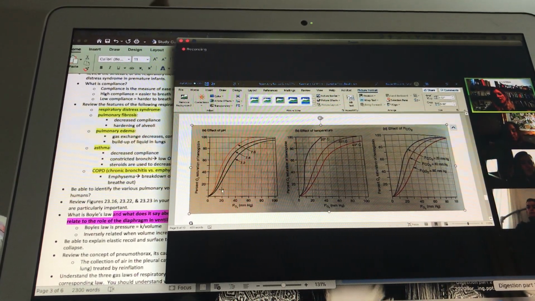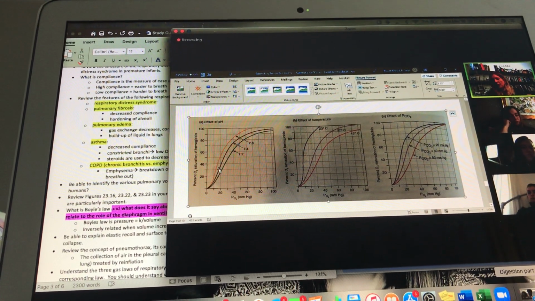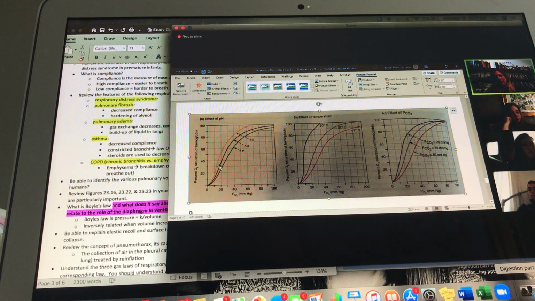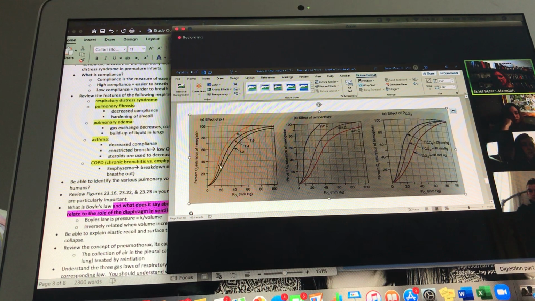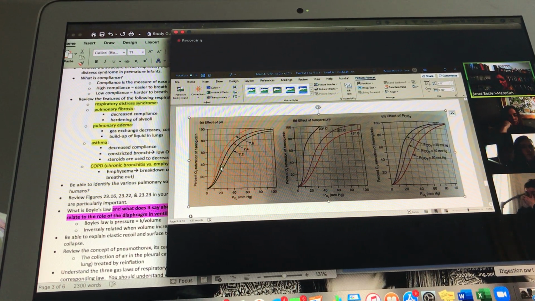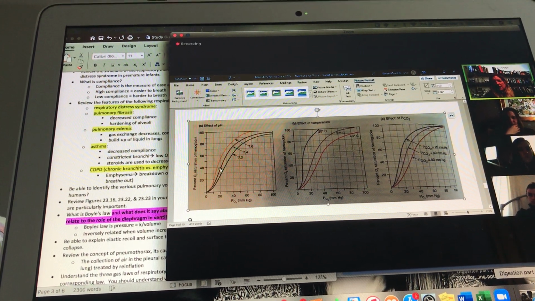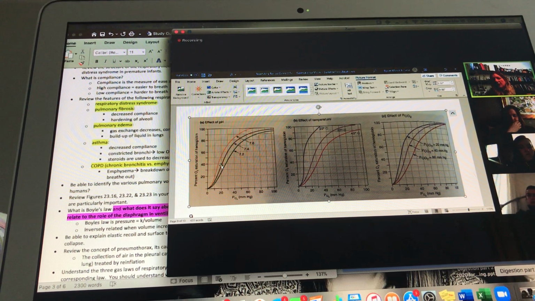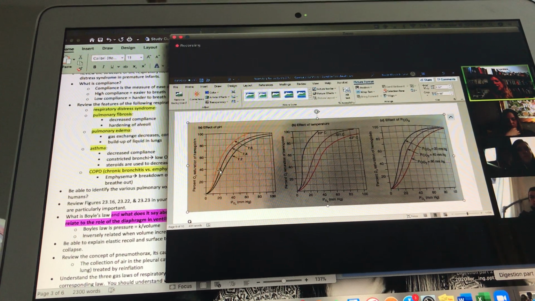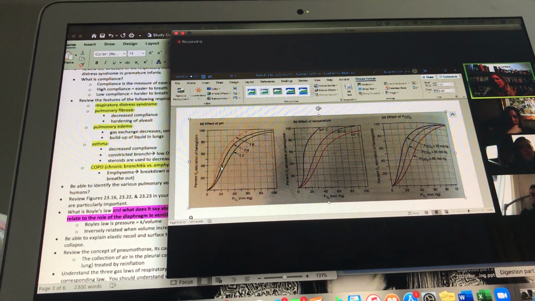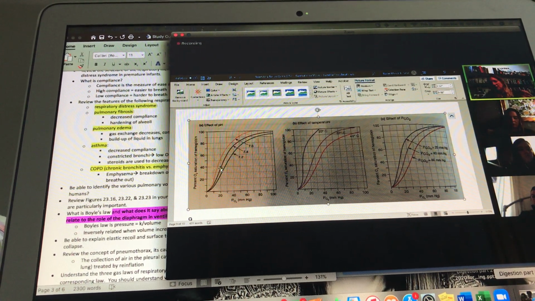If we have a pH of 7.4, which is a normal pH, because remember normal pH is 7.35 to 7.45, in a normal cell that has metabolism going at a normal pace, at a partial pressure of about 20, you can see that only about 30% of the hemoglobin is saturated in that area. That means 70% of the hemoglobin, assuming there's enough oxygen in the blood, has been unloaded. Only 30% is attached, 70% has been unloaded, relatively speaking.